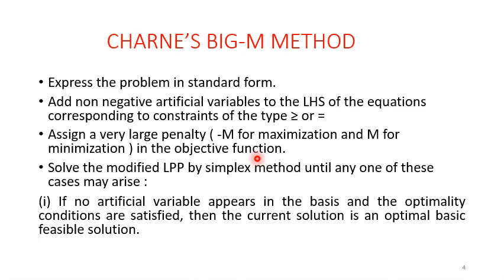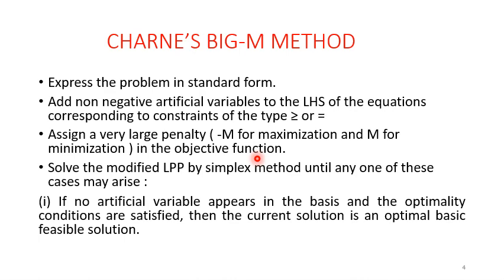But in standard forms where you have LHS greater than or equal to RHS or LHS equal to RHS, we have to use surplus variables and artificial variables in the case of the greater than or equal to sign, and only artificial variables in the case of equal to signs.